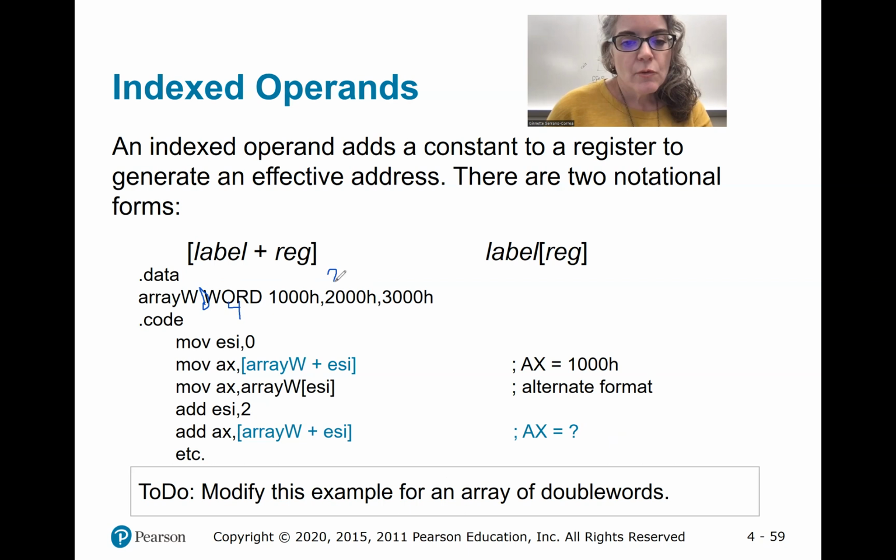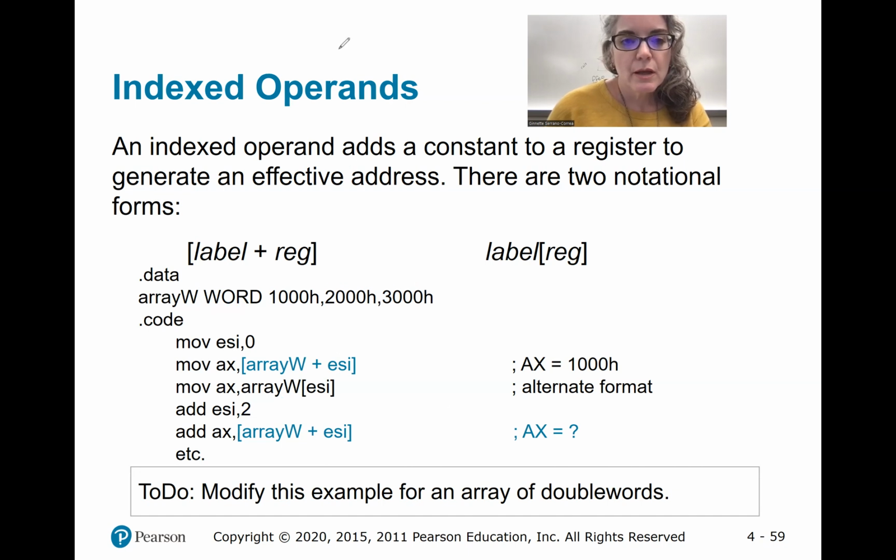This is 0, 4. And this would be at address 0, 8. Therefore, I start at 0, but I have to bump not by 2, but by 4. So I have to change this to a 4 to get to here. All right, so that's the end of that.